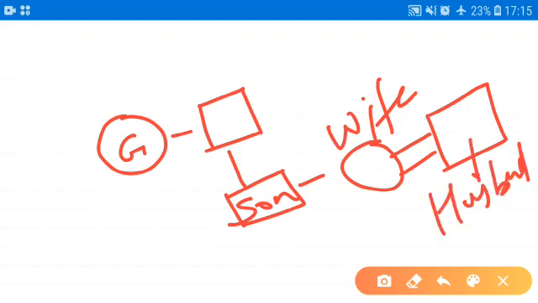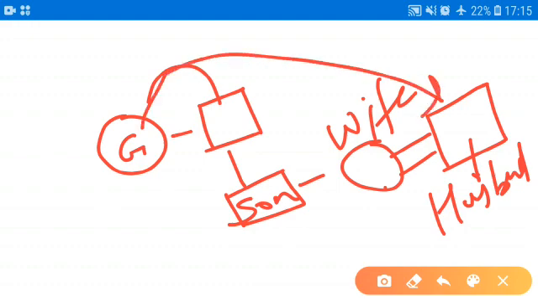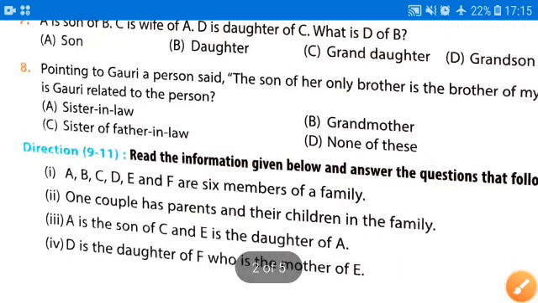The wife's father is the father-in-law, and that father's sister is the sister of father-in-law. So Gauri is related to that person as the sister of father-in-law. So the correct option will be option C, sister of father-in-law.